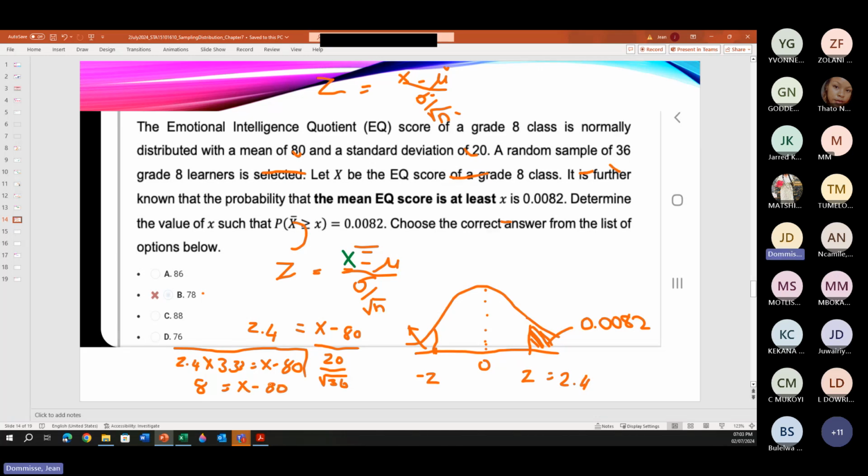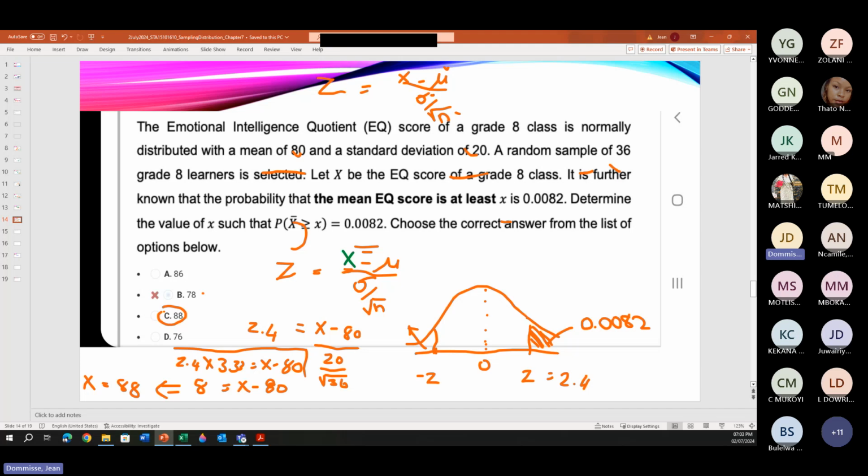And then to get rid of the minus 80 on this side, we need to move it to the other side. So we will plus 80 on both sides. So the final answer then is x is equal to 88, which is option C.